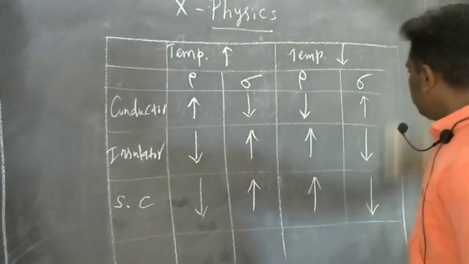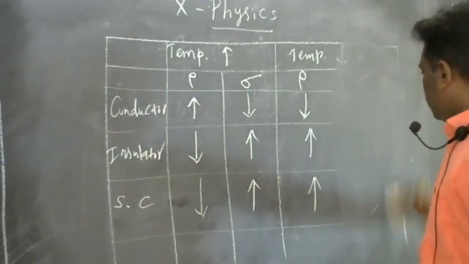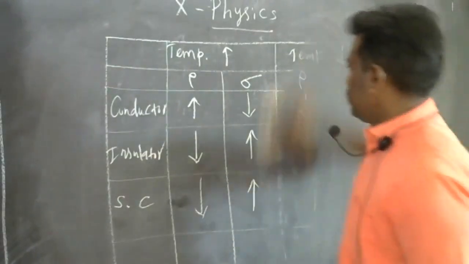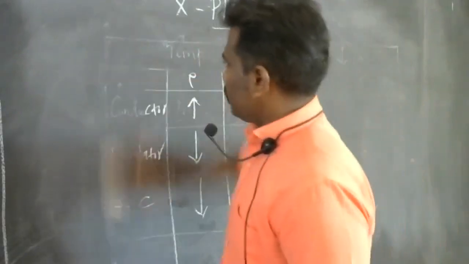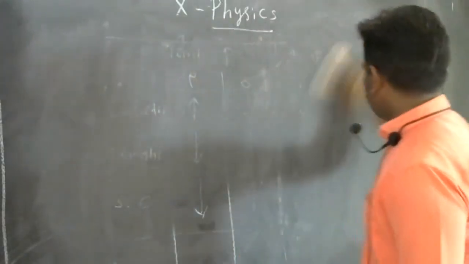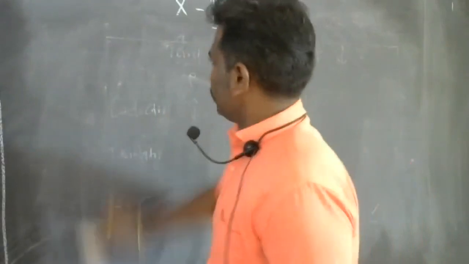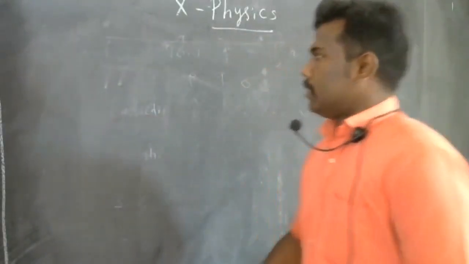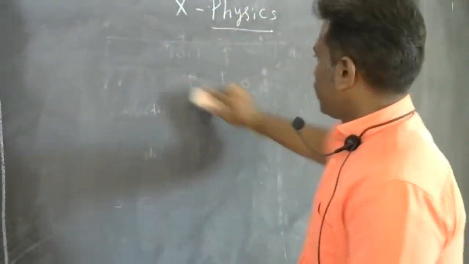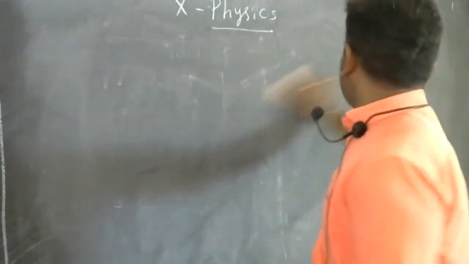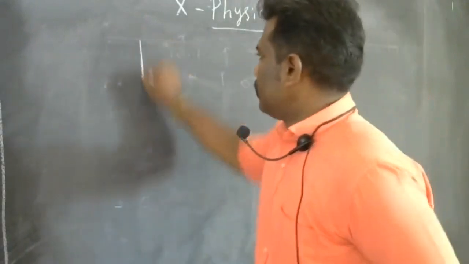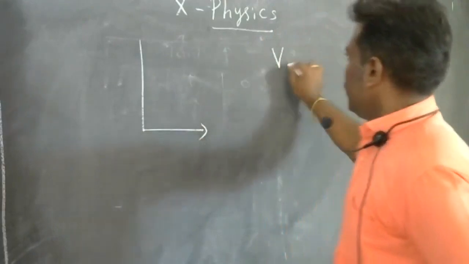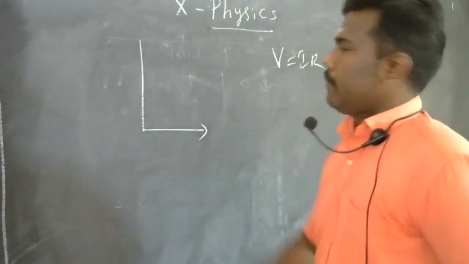And the next one is graphical related numerical questions. Most of the graphical questions are based on Ohm's law. The Ohm's law formula is V = IR.